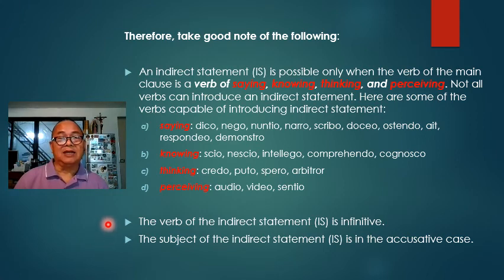When I ask you to analyze an infinitive verb, the function is verb of the indirect statement. The subject is simply the subject. No need to write of the indirect statement. So, thus far for the lesson on indirect statement.